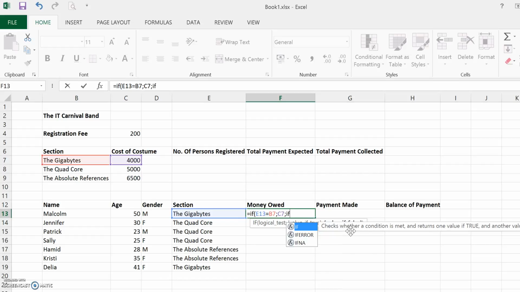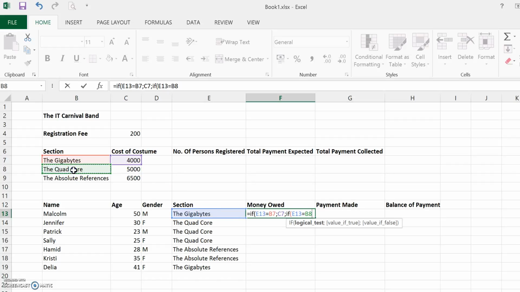So if E13, the section that the person has registered for, is equal to the second section here, the quad core, then the cost of their costume is going to be $5,000, which is in C8. At this point, we want to figure out what to put for the value if false.